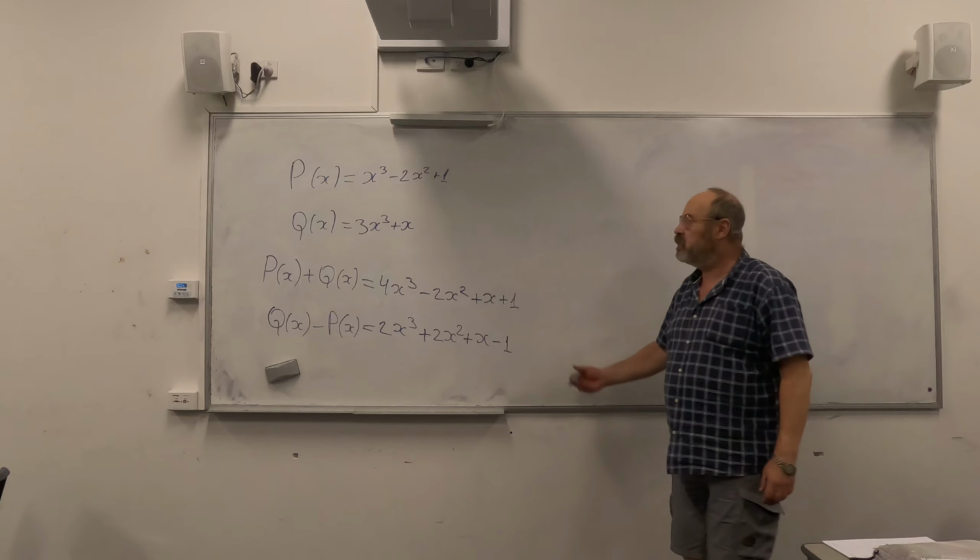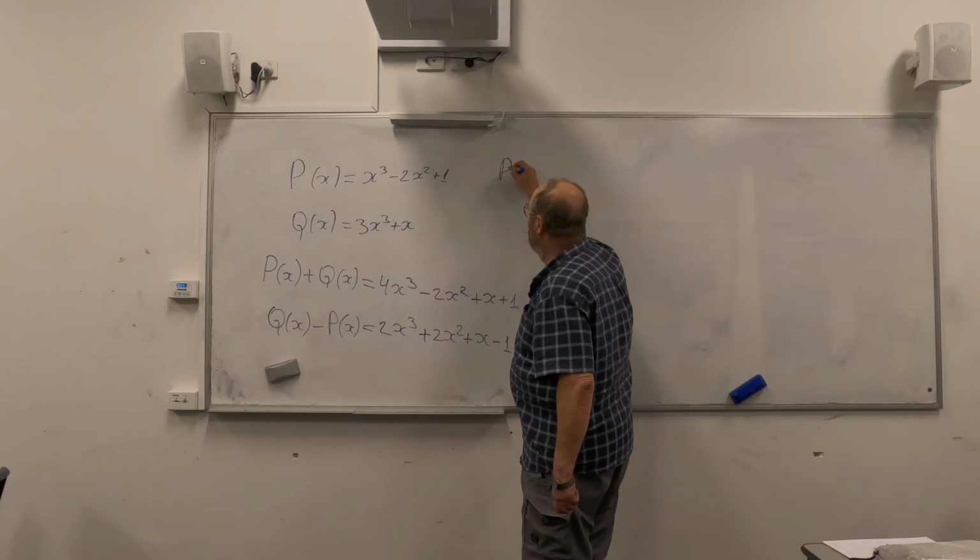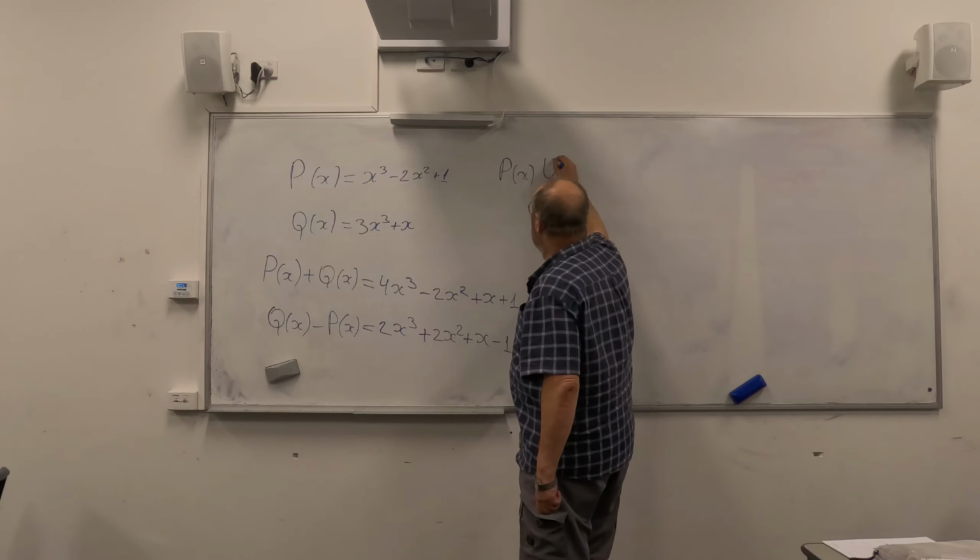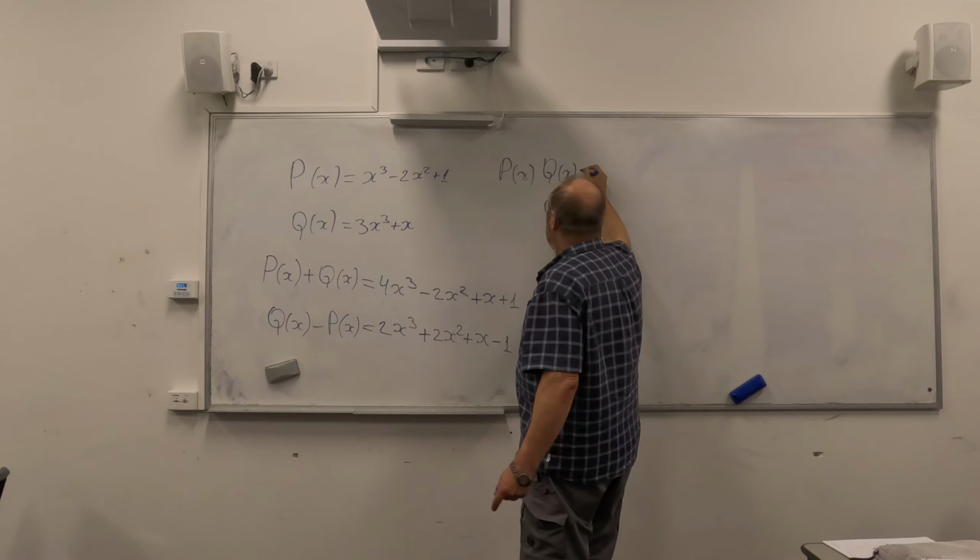Now multiplication of polynomials. Let's multiply p of x times q of x. It's just expanding brackets.